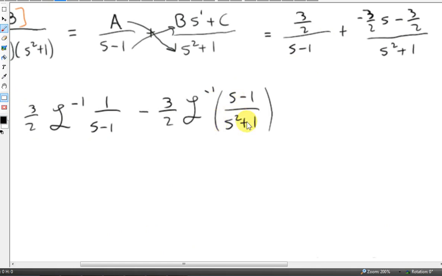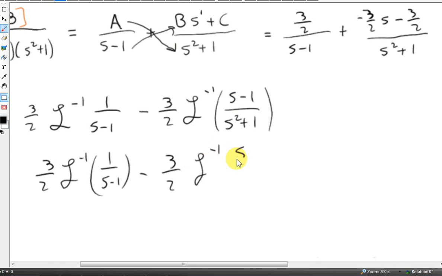Now we can write this as two fractions, because this form does not appear in the table actually. This one does appear in the table. So I can write this as L inverse of s over s squared plus 1 minus 1 over s squared plus 1, and I can take L inverse into that.